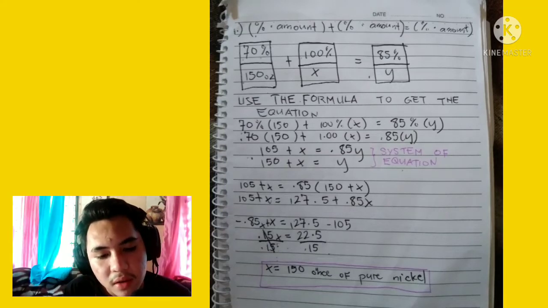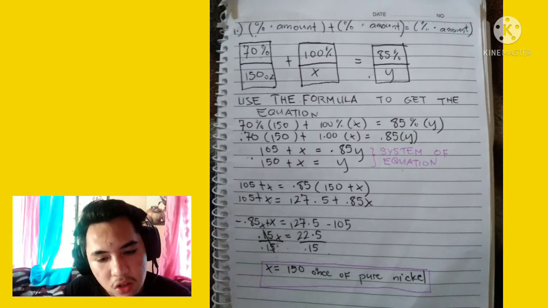So now we have here 70% and our 150 ounces, that is our percentage and our amount.